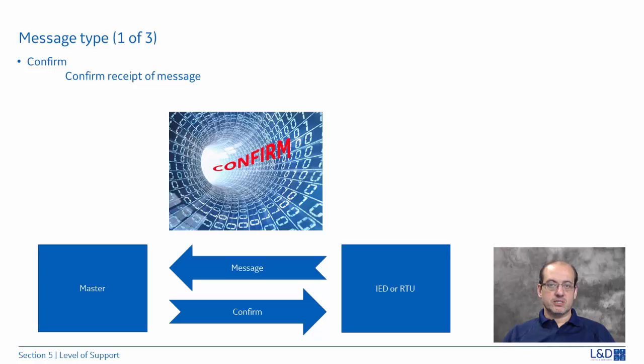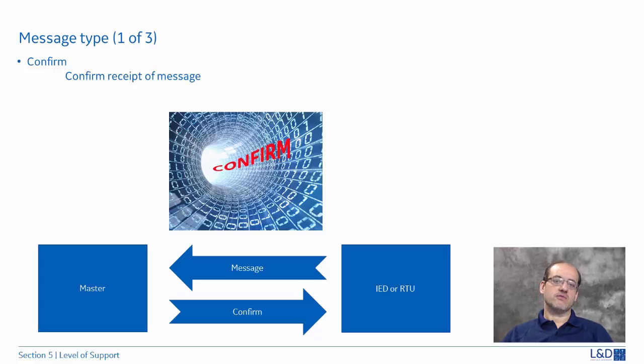The confirmation message is sent between the master and the outstation, informing the device in the field that the master has received the message. This confirmation is sometimes handled at the data link layer, and it could be handled by other layers, but it can be turned off if the device does not require this confirmation message.